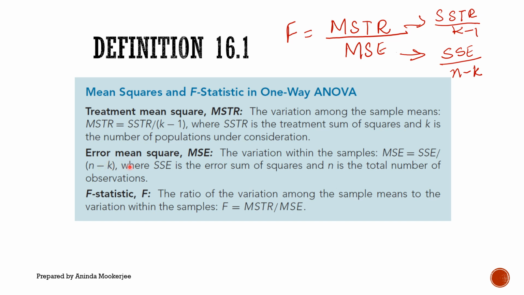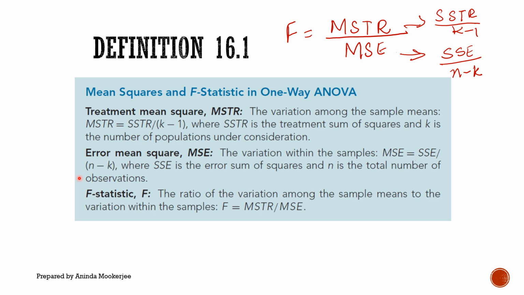The other one is the error mean square, or MSE. It's the variation within the samples. MSE is equal to the error sum of squares, SSE, divided by n minus k, where n is the total number of observations. So n represents the total sample size, all the samples combined together.